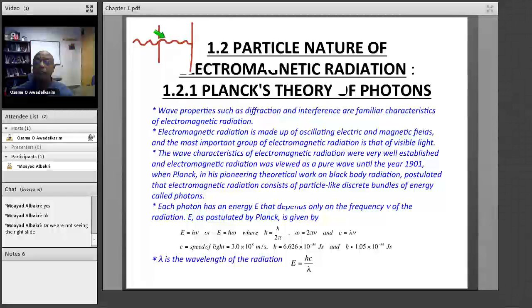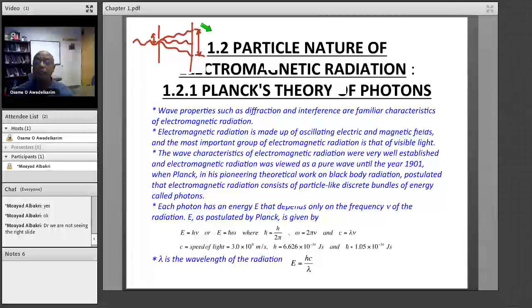But what happens is it will hit at a wider range. So the image that you see is wider than the opening through which the wave propagates. This is called diffraction.